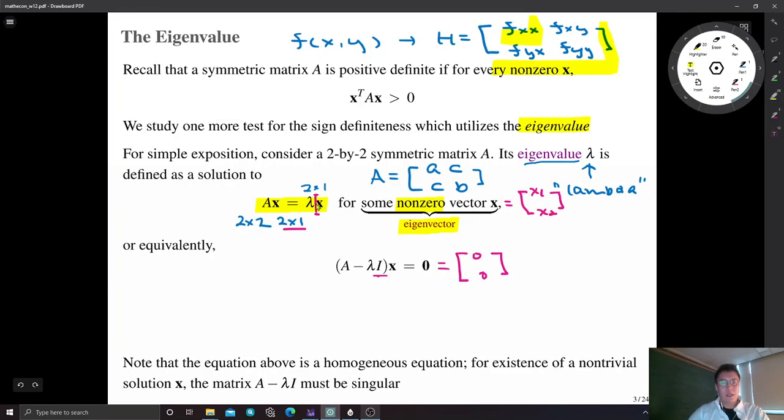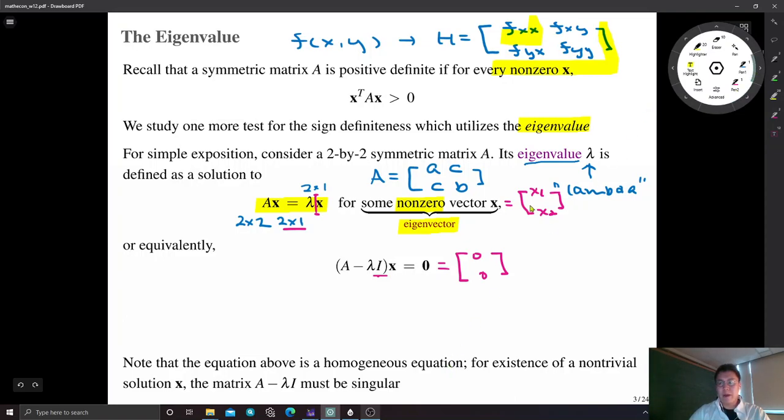After rewriting this equation in this form, the equation can be seen as a homogeneous equation. Regarding A minus lambda I as the coefficient matrix, x as the variable matrix, and 0 as the constant matrix, it can be regarded as one homogeneous equation.